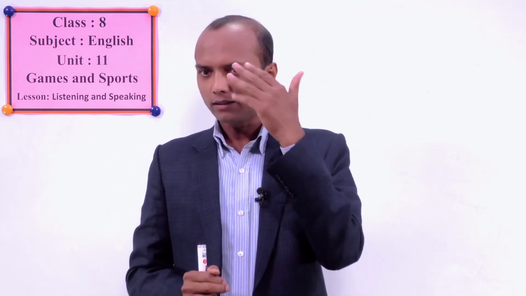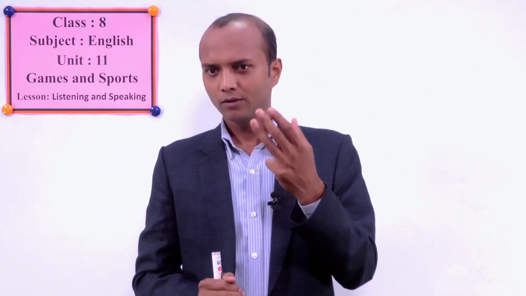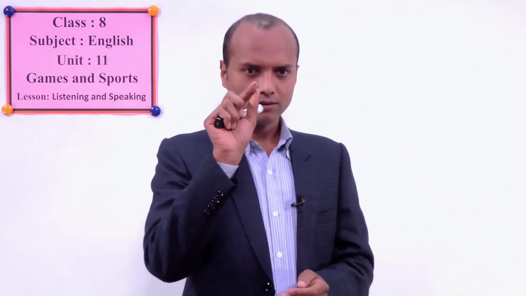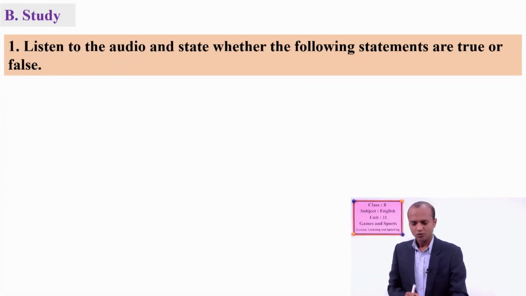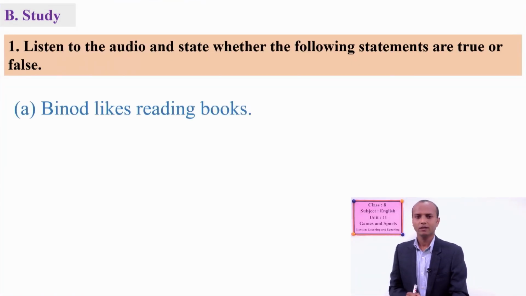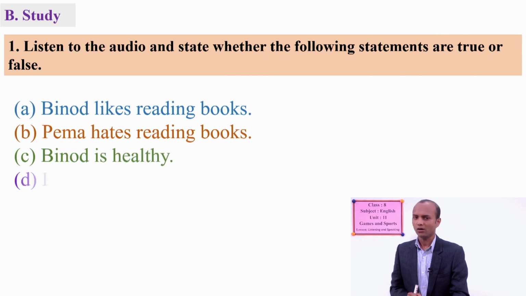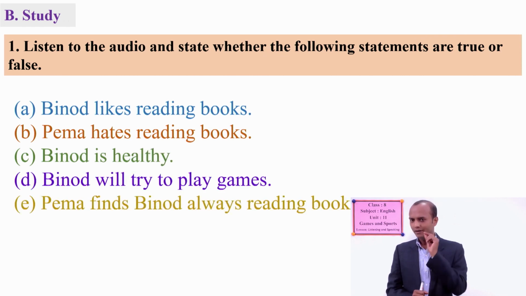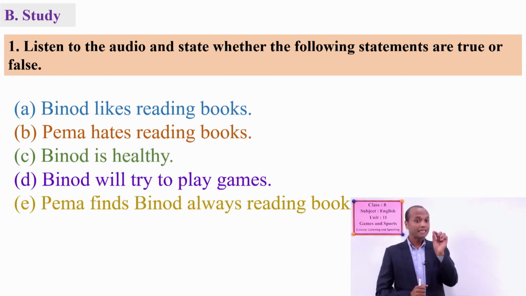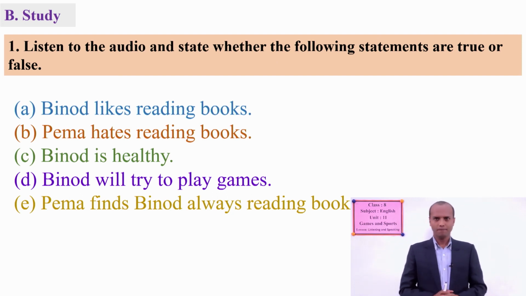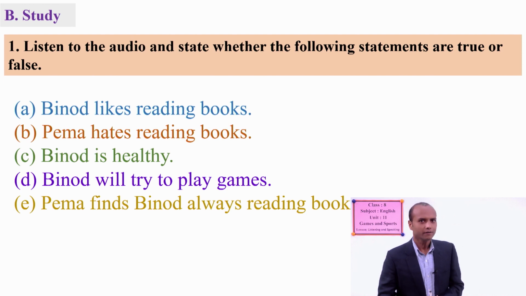So now there are 3 activities you have to do. The first one is you have to listen to the audio and decide whether these sentences are true or false. Please read out these sentences. Okay, and I like to read these sentences for you.